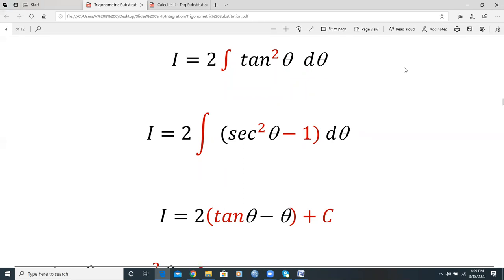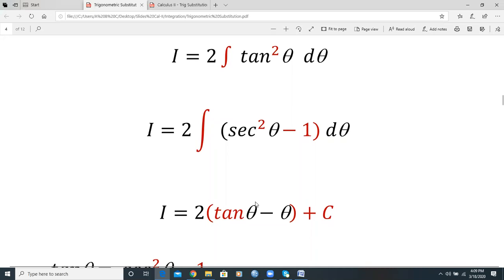So we will change this tangent square theta into sec square theta by making the substitution, tangent square theta is sec square theta minus 1. Since we know the derivative of tangent theta is sec square theta, therefore the integral of sec square theta is tangent theta. So this integral of sec square theta becomes tangent theta, and the integral of 1 is theta.